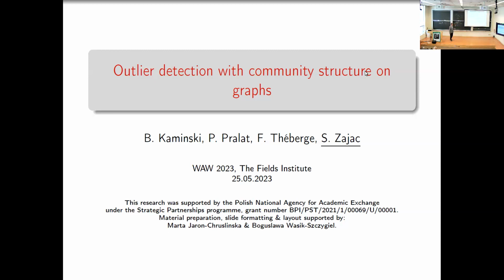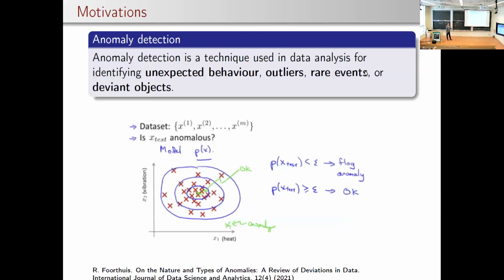So what we mean by anomaly detection is ordinary techniques that we can use to find unexpected behavior, rare events, strange objects, or something called outliers.